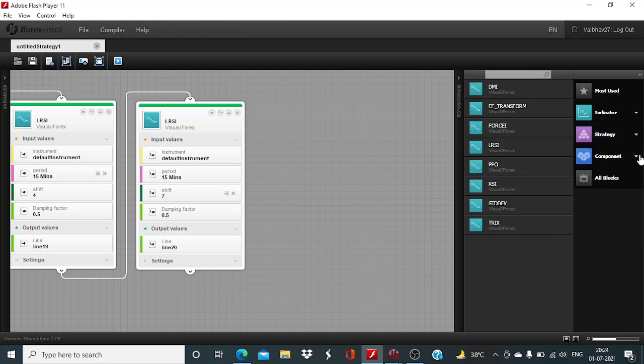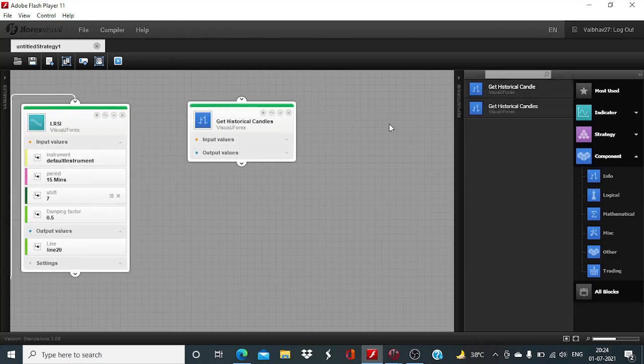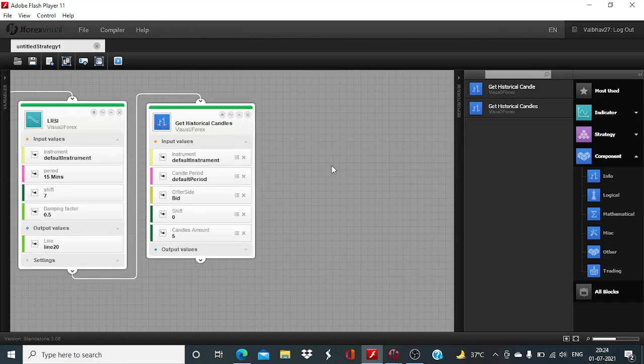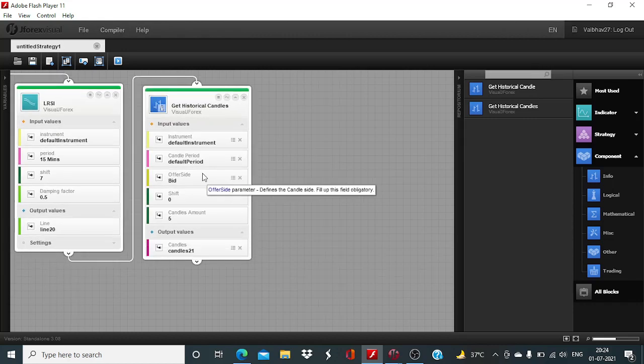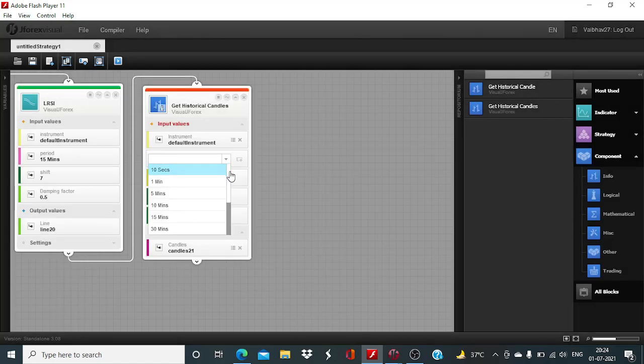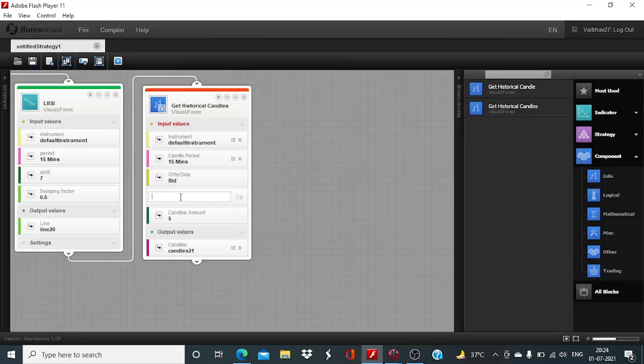Along with this we are also going to rely on the info blocks, the get historical candles. The candle period will need to be changed. It is going to be 15 minutes with the shift of 1. Candle amount I will change to 4.